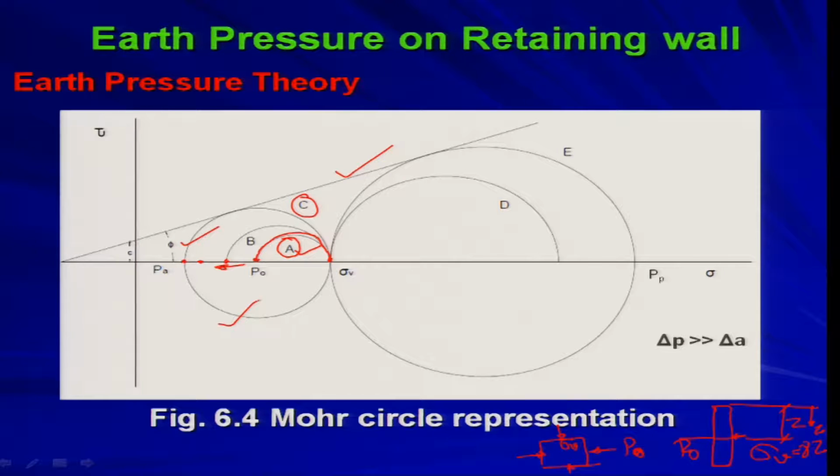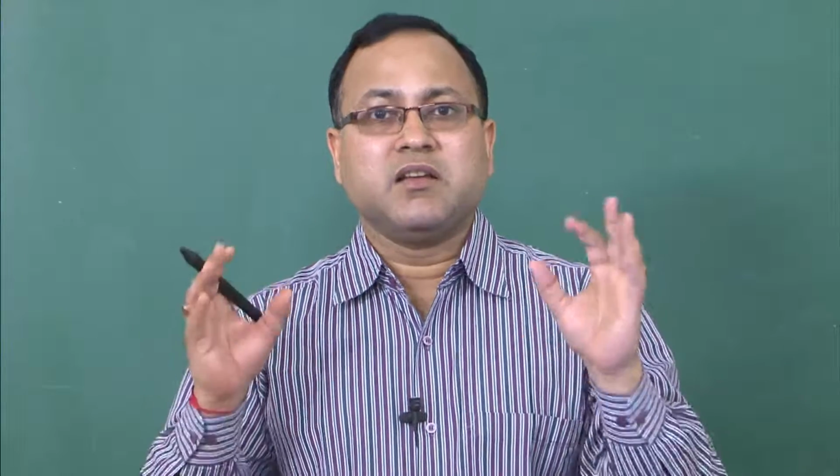Now, I am going to the passive state. In the passive state, what are we doing? We are pushing the wall towards the backfill. Still your vertical stress sigma v will be the same, completely unchanged. Gamma z is unchanged, you are not changing the depth. The only thing is that you are pushing, which means you are increasing the pressure.